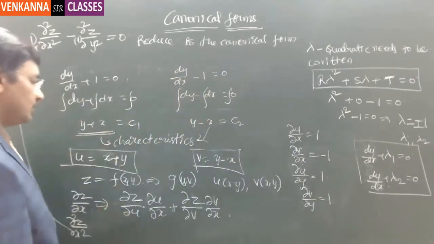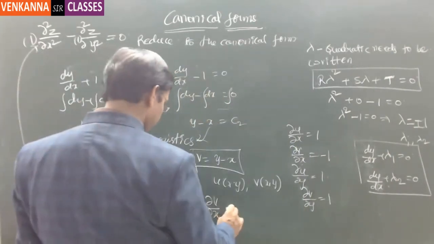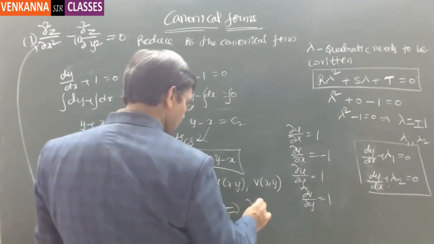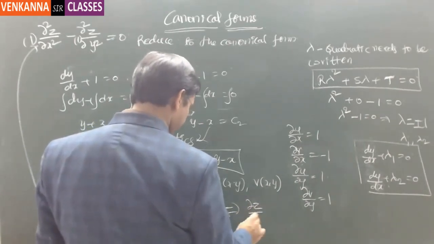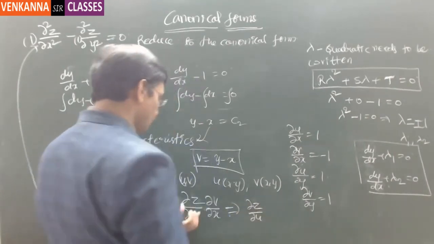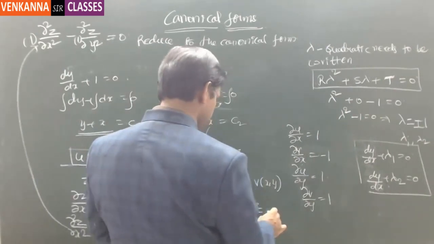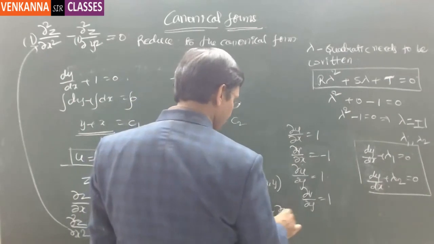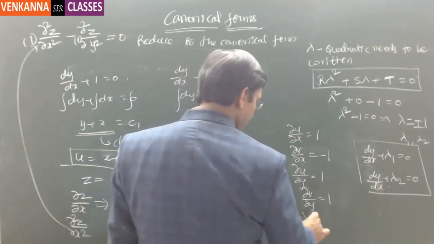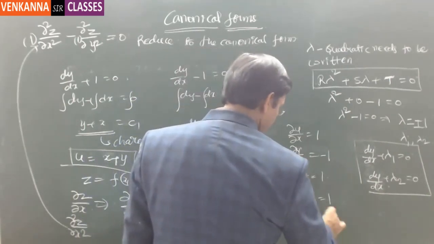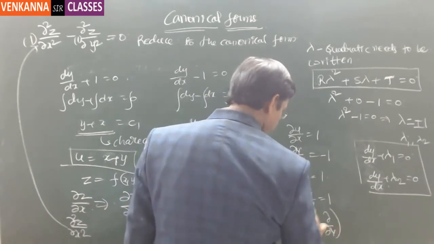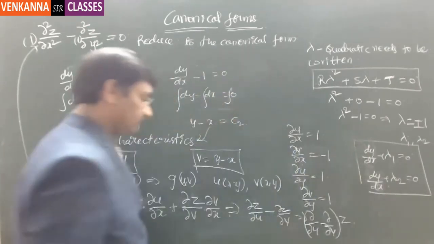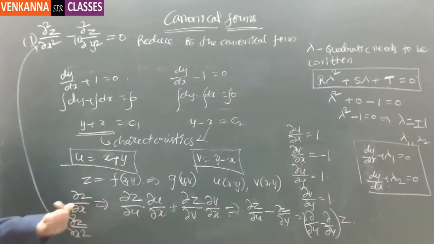Now substitute these values here. ∂u/∂x is 1, then this can be written as ∂z/∂u plus ∂z/∂v times ∂v/∂x. ∂v/∂x is minus 1, so ∂z/∂v with a minus sign. Or in other words, (∂/∂u minus ∂/∂v) of z, and that is equal to ∂z/∂x.